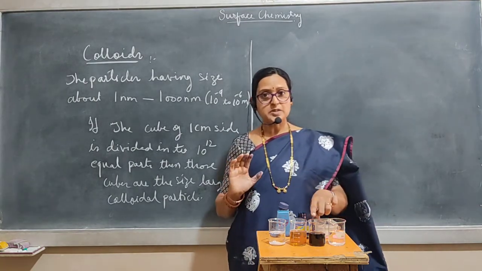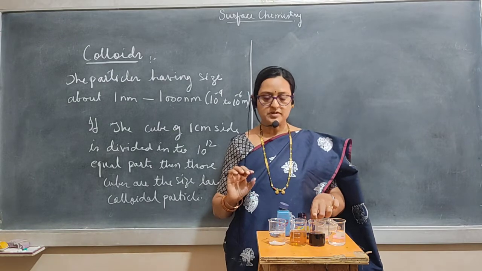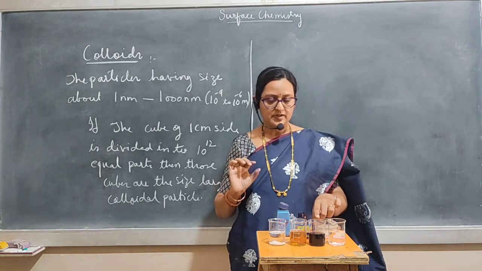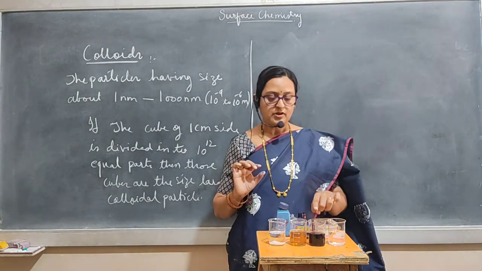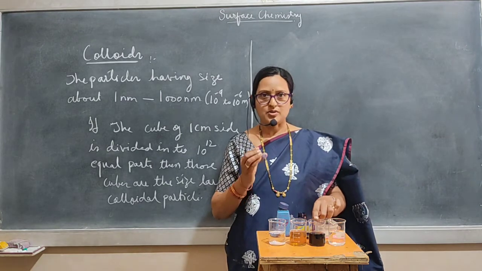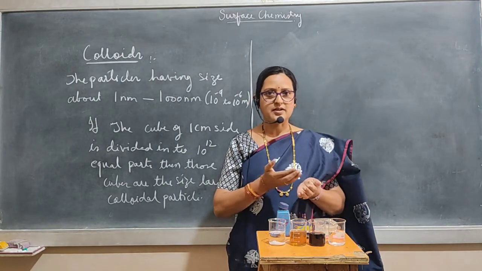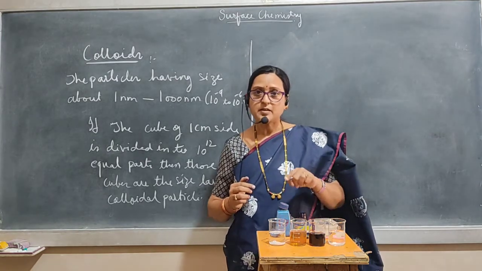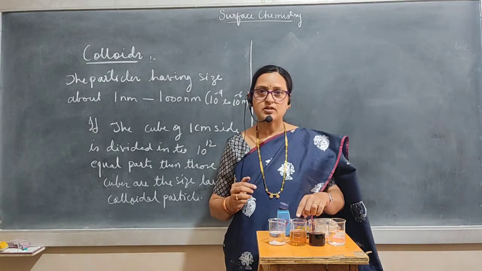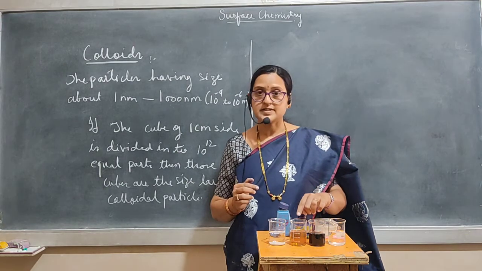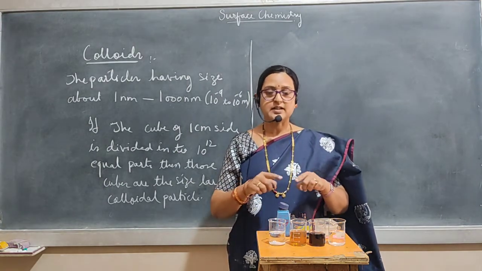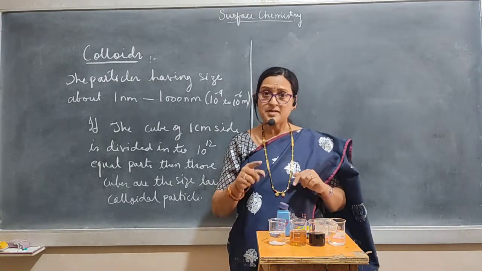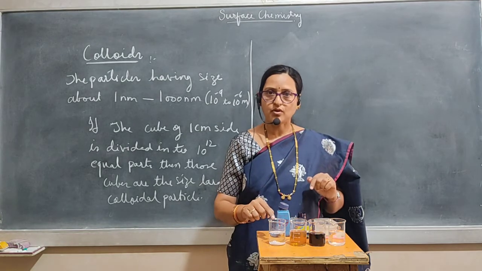If I take a parchment paper, not the normal filter paper, this parchment paper will filter the ink molecules. So all the dye molecules remain on the parchment paper. Similarly, if I dissolve the gum and filter it through parchment paper, the gum will settle on that parchment paper. Same thing will happen with chalk powder and water also.